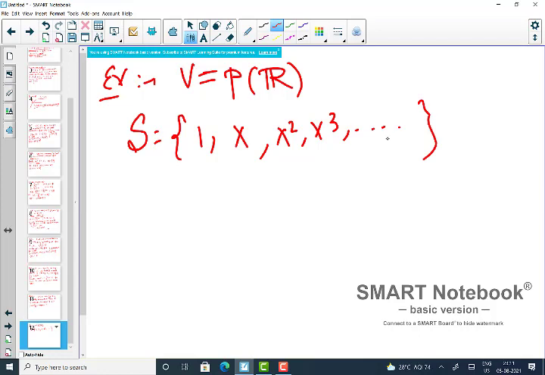Now you see that this set is a linearly independent set, because whenever you choose any finite subset, it is linearly independent. And the proof is also simple.